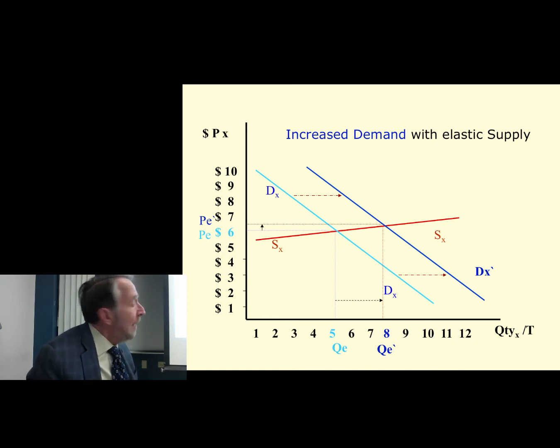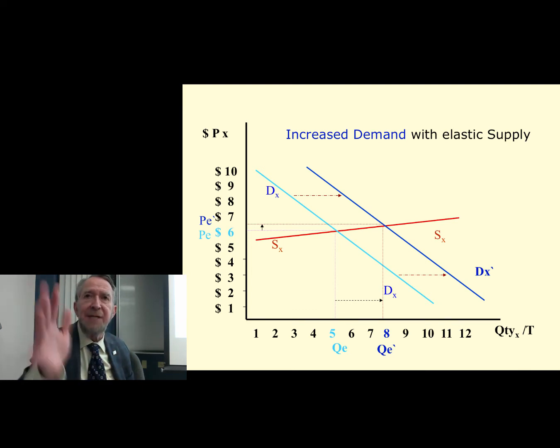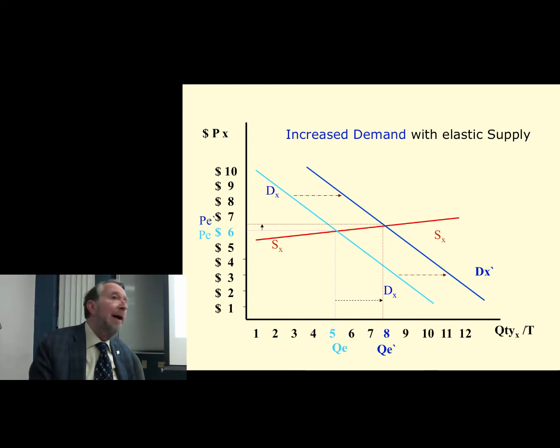Okay, good. So we understand the idea of highly responsive and not very responsive. So now when you look at the marketplace and compare the elasticity of demand or supply, it's going to affect how much price changes when something shifts in the marketplace. Here I've drawn a relatively elastic supply, a flat curve.